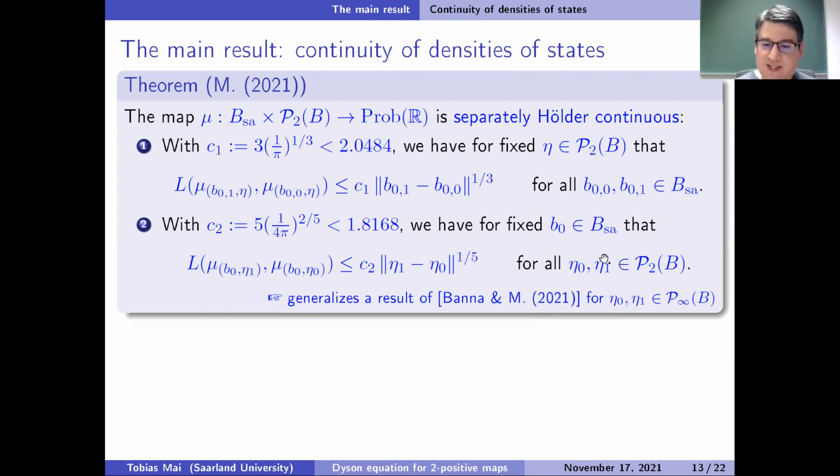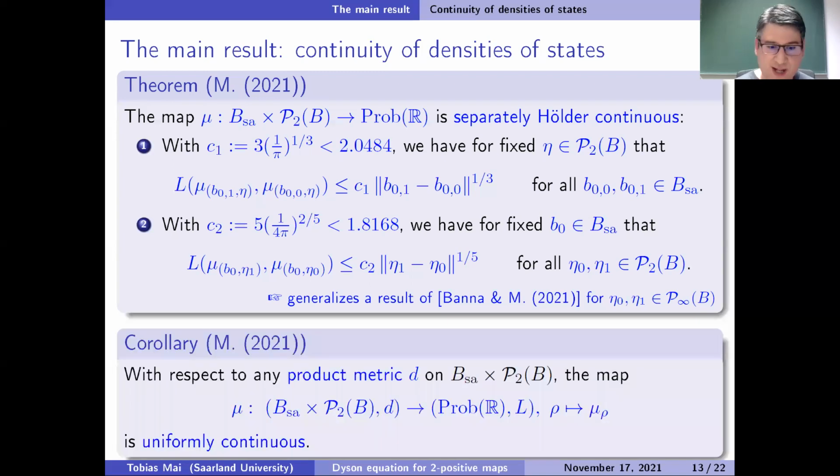But here the statement is that it also works for 2-positive maps. So we can extend this result in this direction. And if you put things together, you see that with respect to any product metric on this Cartesian product here, you get a map from this metric space to this metric space here, which in the end is uniformly continuous. So this is the result.